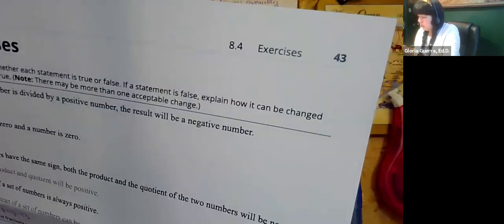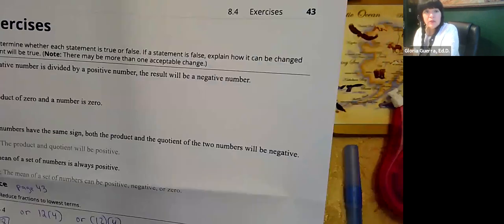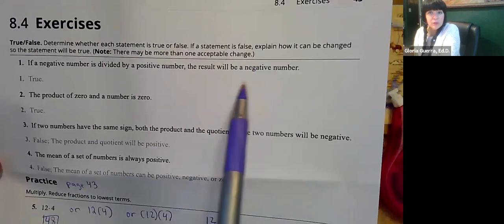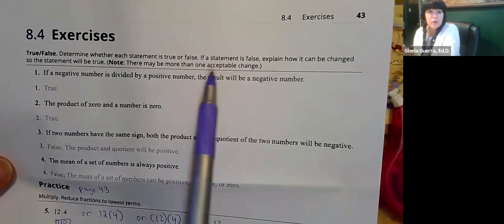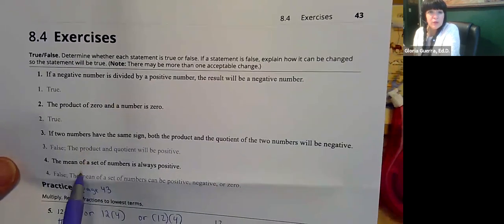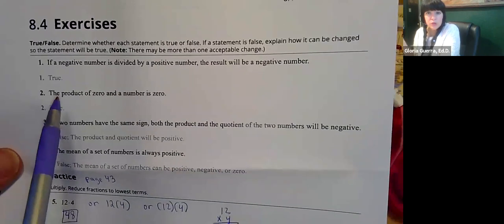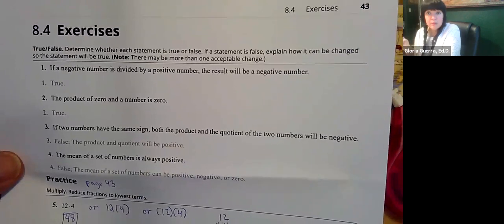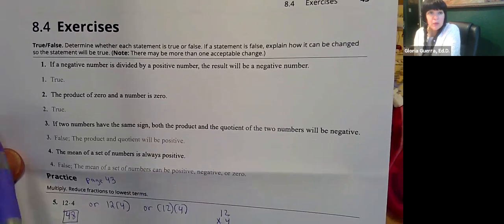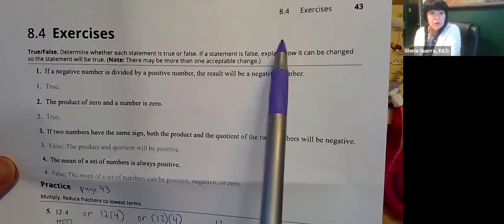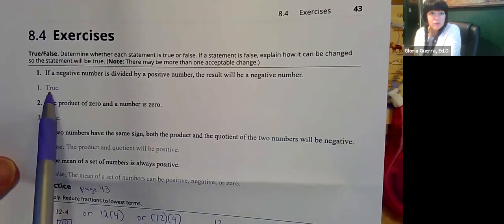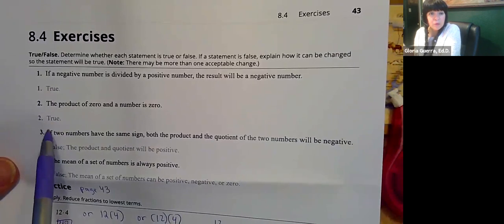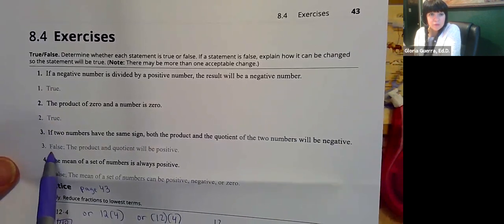On page 43, I'll share these with you. You can put the answers on 43, because I don't think y'all have the answers to these. So I'll review the answers and then you can go back over those and review them. And if you have a question, you can send me a Canvas inbox email for that. But on page 43, 1 should be T for true. 2 is T, so put a little T by that. 3 is F for false.